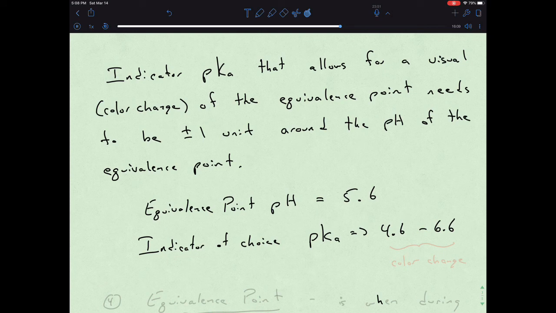And it's within this range that we see the color change actually occur.